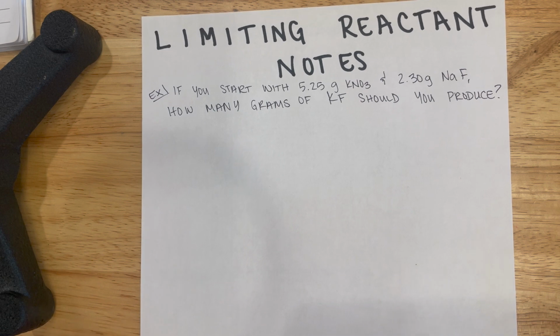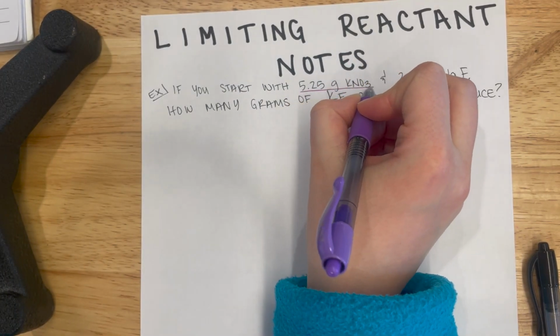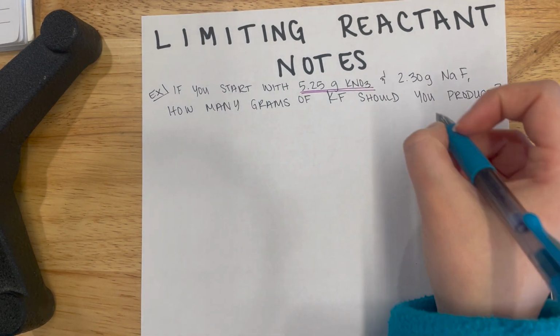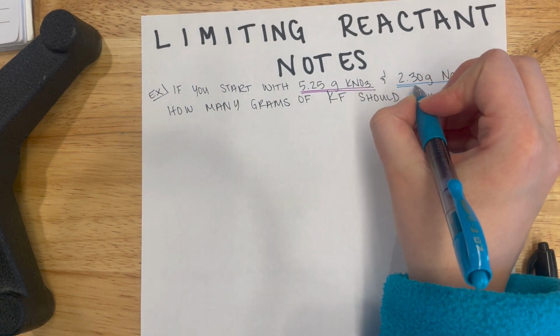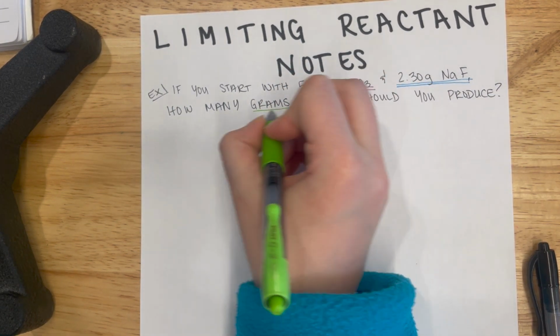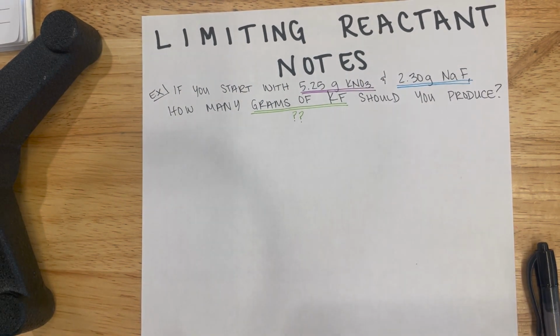Okay, so let's go ahead and take a look at what our starting values are. We're given two starting values. We're given a value of potassium nitrate. We're given a value of sodium fluoride, and our end goal is to figure out how many grams of potassium fluoride we make.